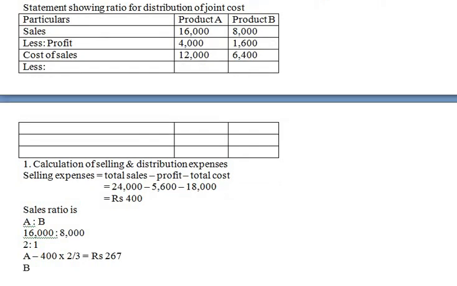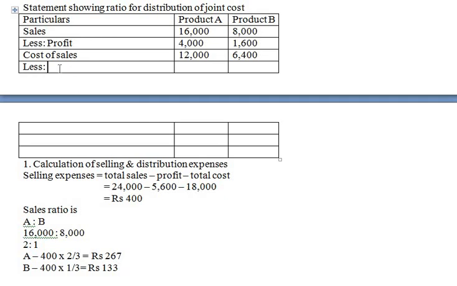Now for B, 400 into 1 divided by 3, that is equal to rupees 133. So the same thing we are going to show here.